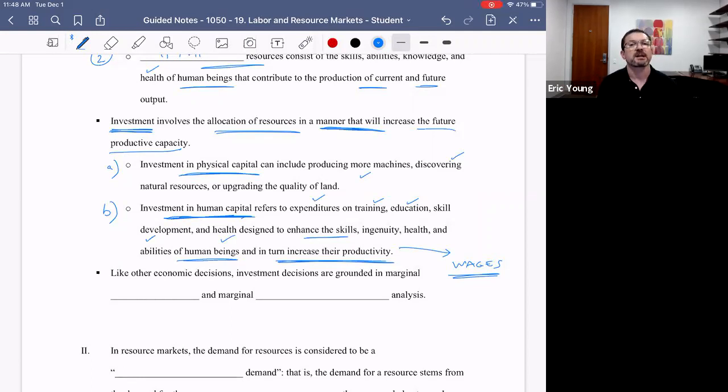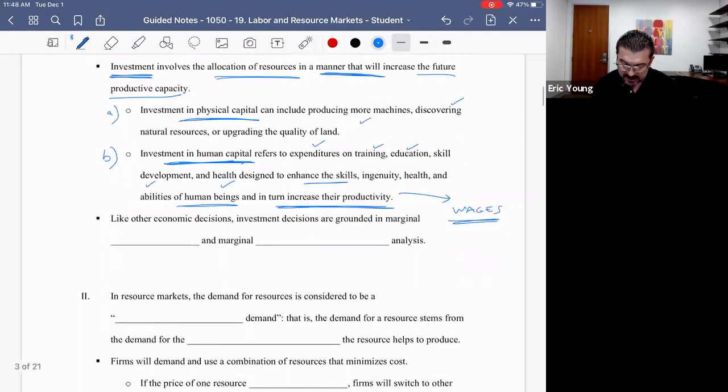The other broad context of resource markets is that we have to make decisions. We have to make allocation decisions. We have to make investment decisions. But you already have the toolkit to do this, because at its core, these economic investment decisions or these allocation decisions in resource markets are still grounded in the analysis that we've learned, the analysis of marginal cost and marginal benefit.